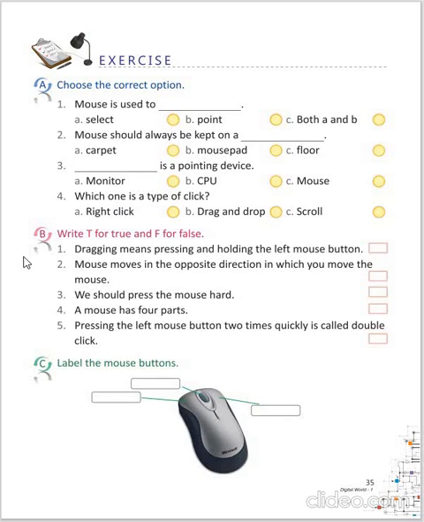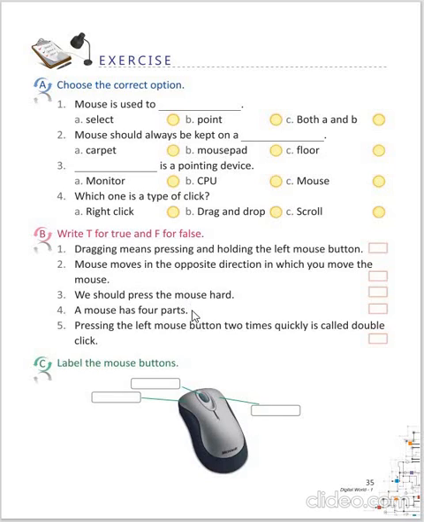Now come to B. In this you have to write T for true and F for false. So first one is false. Second one is false. Third one is false.